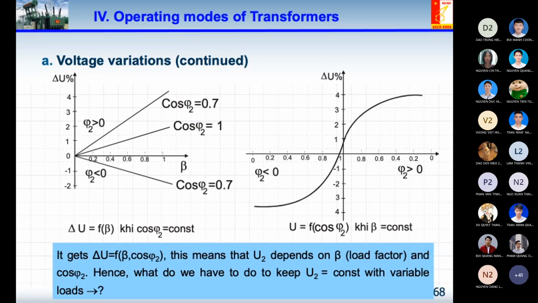But the question is: either the primary winding or the secondary winding? So why is that? Please answer my questions. Who can answer my questions?